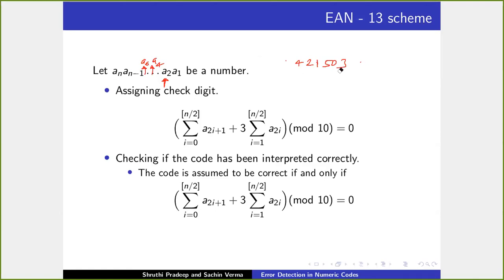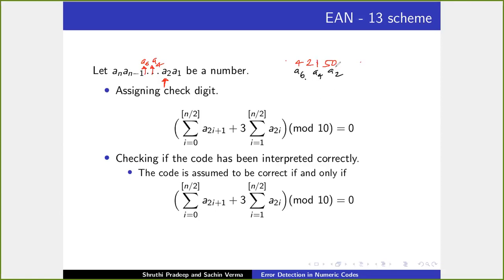Yes sir. So for example sir, if I take this and I just remove this number, I know that this is my a2, a4, and a6. So I add them, the even positions.